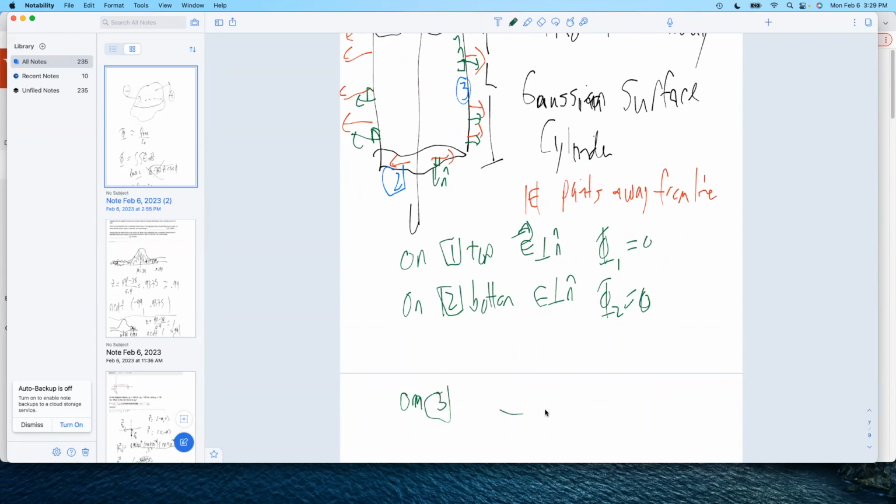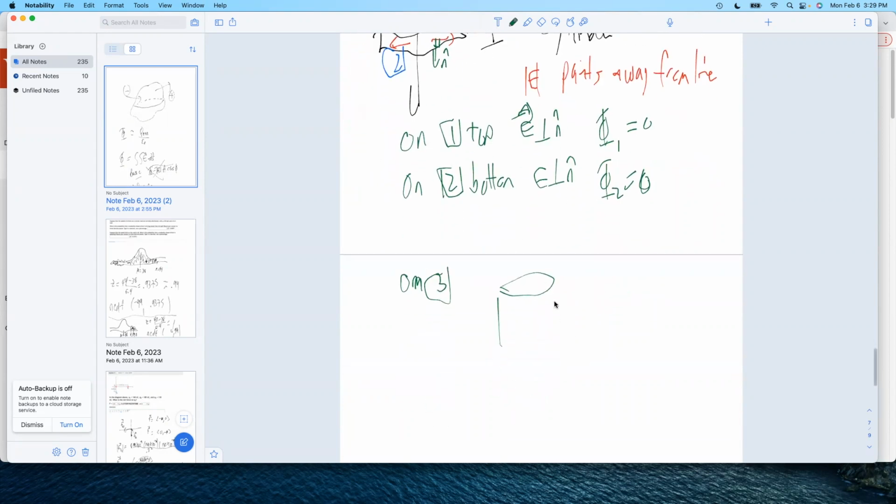That's the label. We had E pointing this way, we had the normal vector pointing this way. E is parallel to the normal vector, always, every place on the surface. So the double integral, the flux through that surface, let's call this flux 3, of E dot ds.